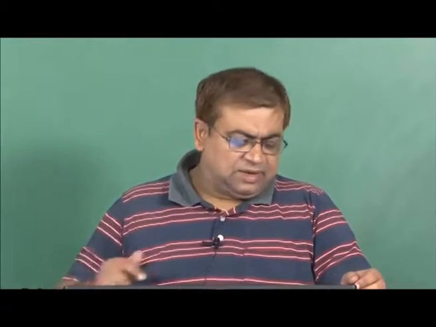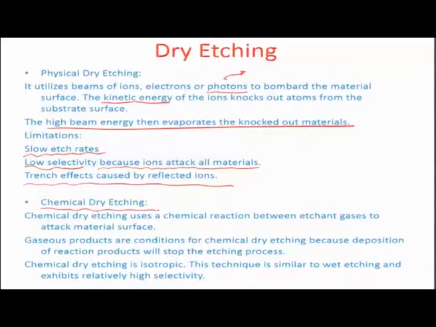And by etching I mean chemical etching, wet chemical etching. Then you have chemical dry etching techniques, where again there is a chemical reaction between the etchant gas and the material, such that it attacks the material on the surface and carries it away in a gaseous state.